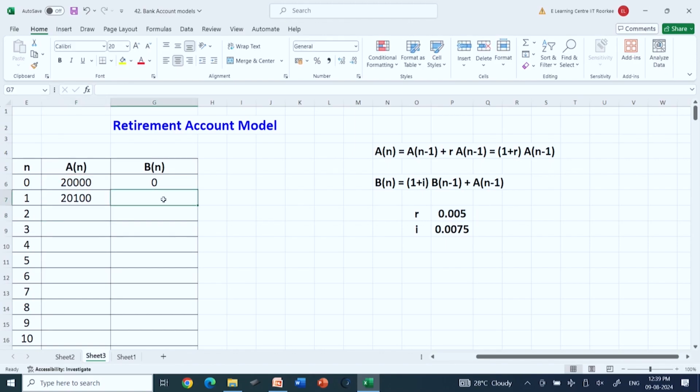And Bn is equal to (1 + i), which is again a constant, multiplied by B0, the initial value of 0, plus A0, which is this.